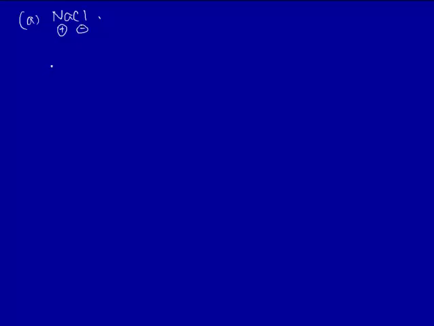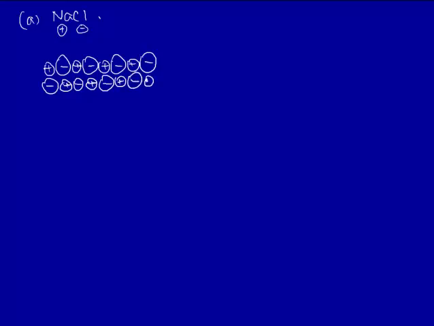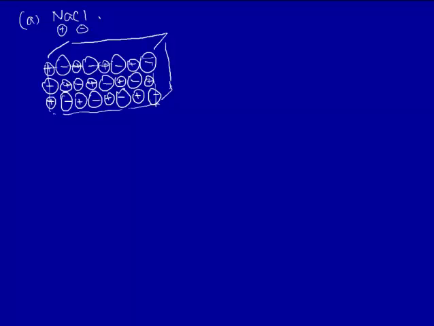In solid form, they have this alternating repeating pattern: minus, plus, minus, plus, and they go on and on practically forever. So you can have a cube full of those ions. Those are called ionic compounds.